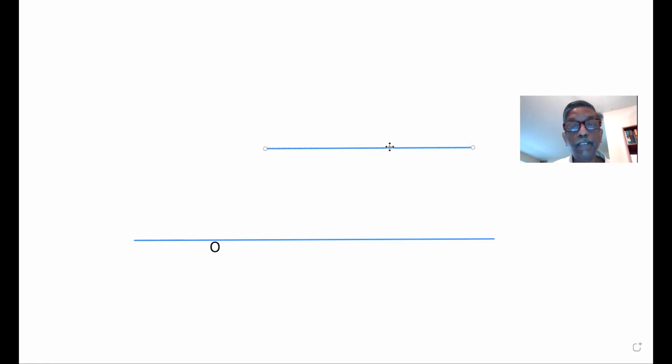So at any point, here is the point P, suppose. So I'm going to put the point, plane, call it P. So this line joining O to P is a straight direct line joining the observer to the plane.